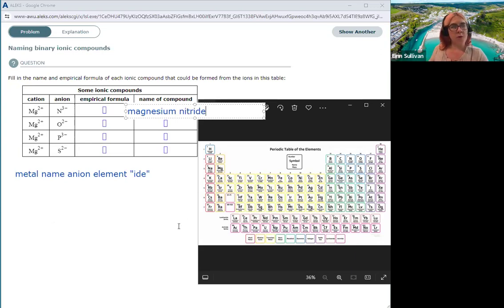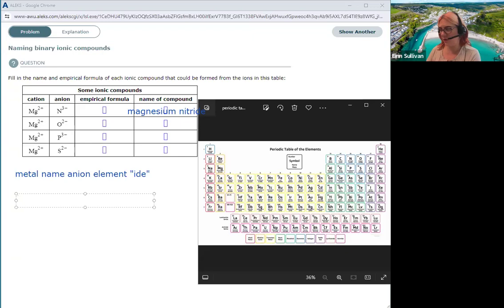Now, the empirical formula is going to be the smallest whole number ratio between the cation and the anion. That is going to give me an electrically neutral compound. Ionic compounds should not have a charge associated with them. So if each magnesium is a +2 charge and each nitride is a -3 charge, that sum has to end up as 0.